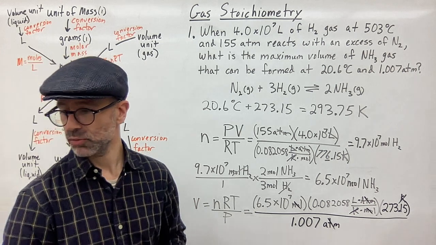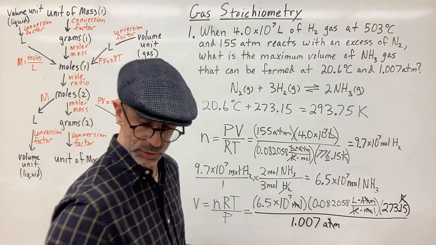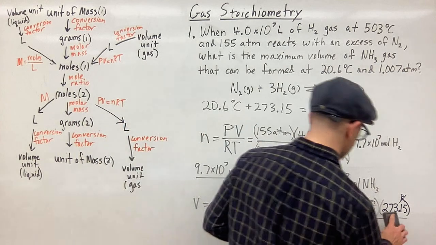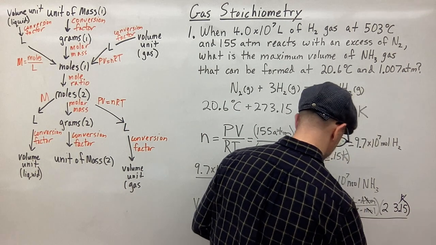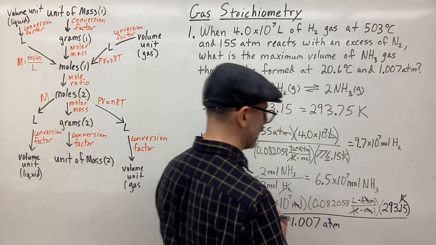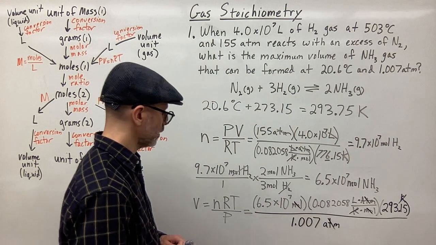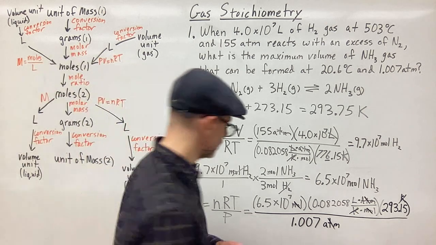And so what do we get? Oh, oops. So that should be 293.15. Sorry about that, caught my mistake. And then when we calculate this out, we get 1.6.